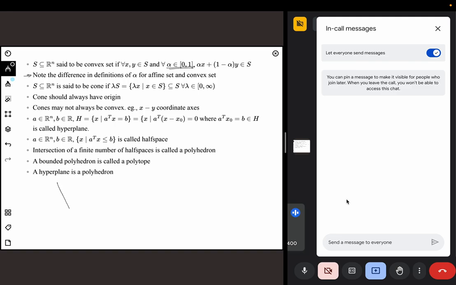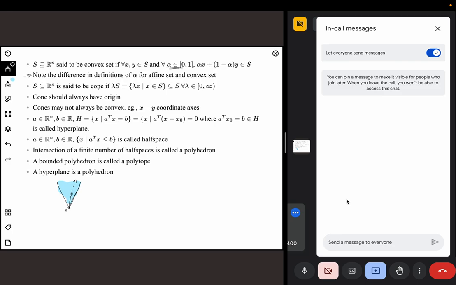If you have a cone like this, you can take any element in it, and this is my origin. If you join the origin to this vector, when I scale this vector it only becomes a new vector, and that new vector will also belong to the same set. Such kinds of sets are called cones.